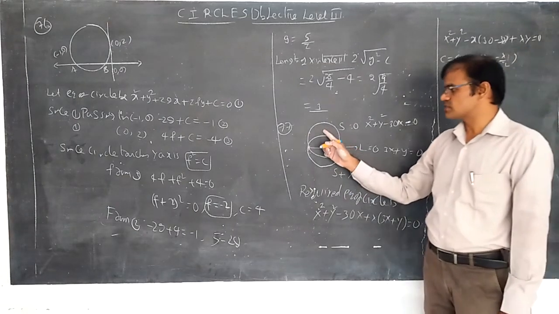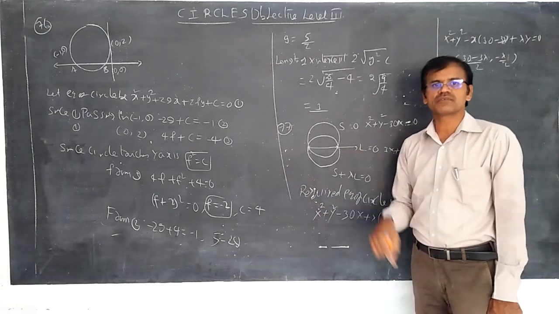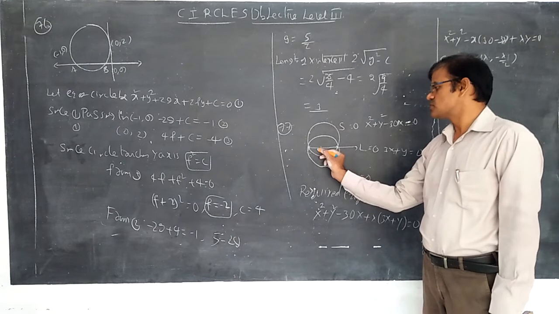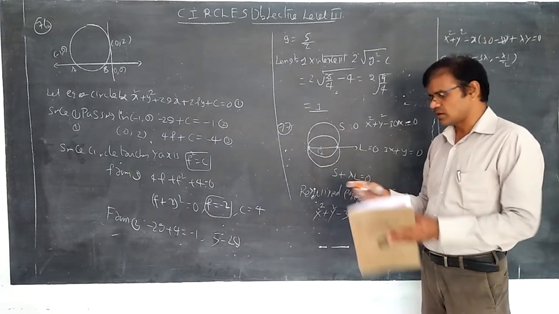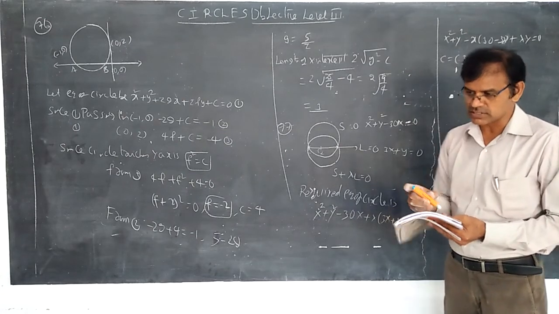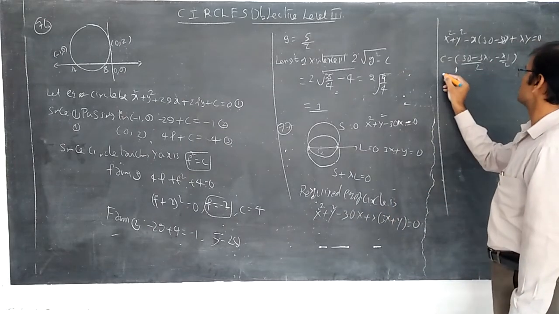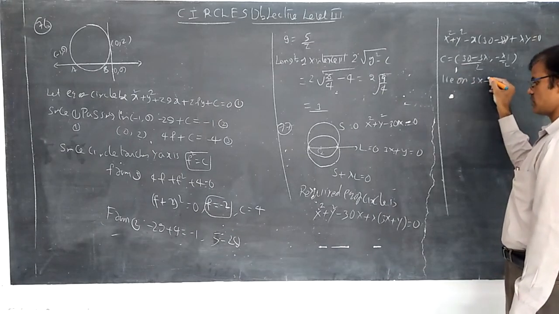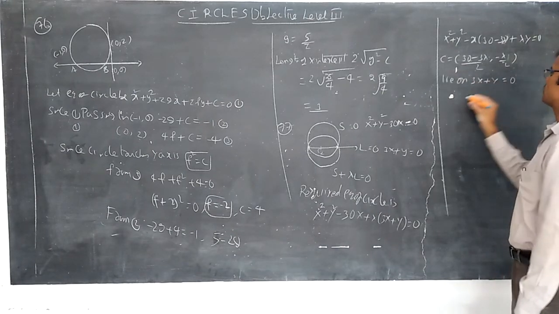Because the chord of the first circle is the diameter of the second circle, the center C2 lies on the radical axis. You will be learning this in the system of circles concept. So C2 lies on the line 3x plus y equal to 0.